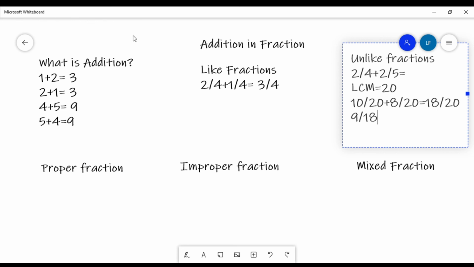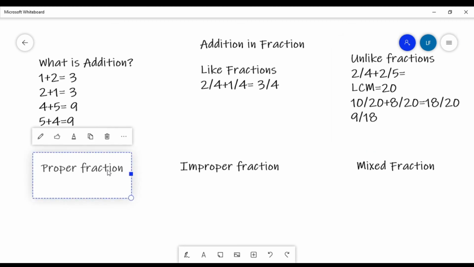Okay, so now let's go for proper fractions. A proper fraction is where the numerator is smaller than the denominator. Let's take 2 by 4 plus 2 by 4. If we add them together, it's 4 by 4.